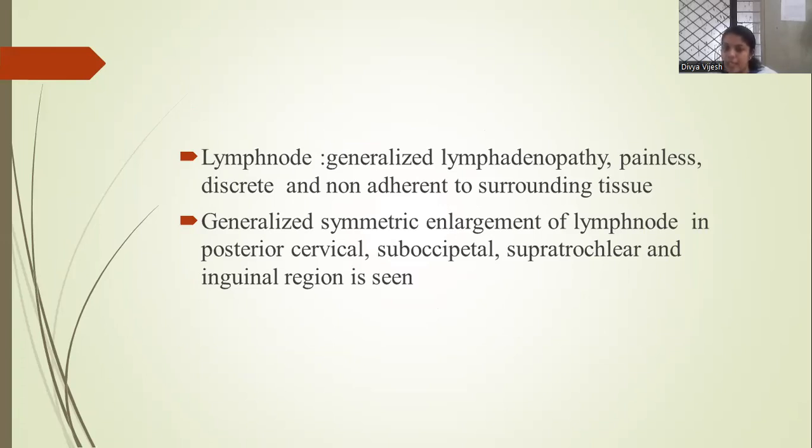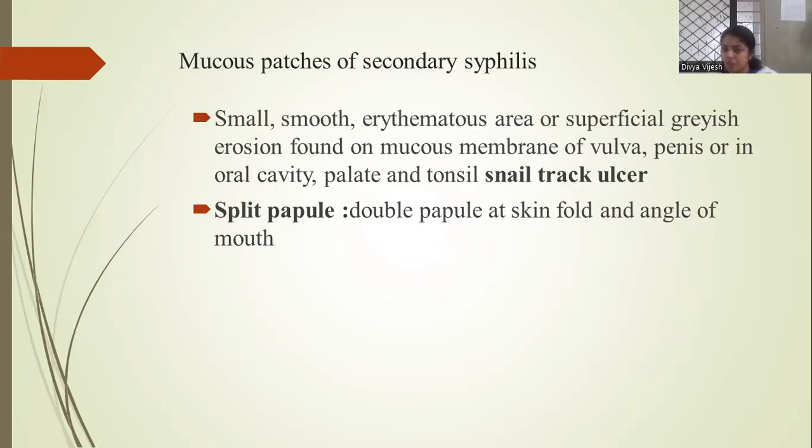You can see painless, discrete, and non-adherent to the surrounding tissue. And in secondary syphilis, you can see mucous patches, small, smooth, erythematous areas or superficial erosion found on the mucous membrane of the uvula, oral cavity, palate, and tonsil.